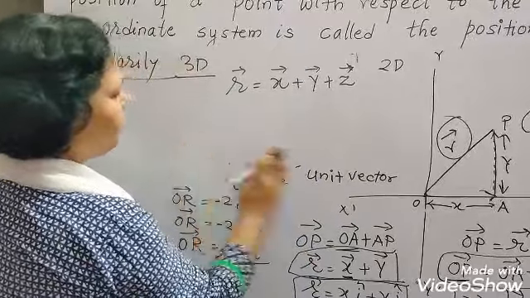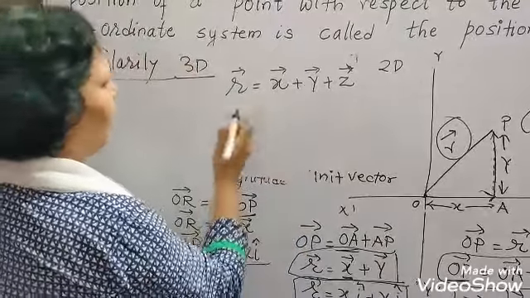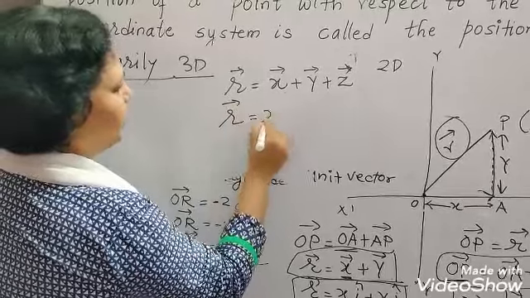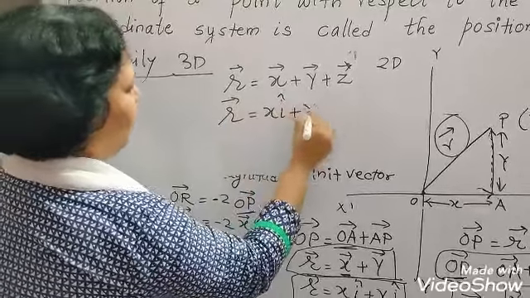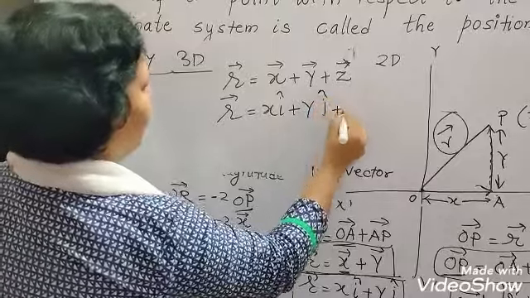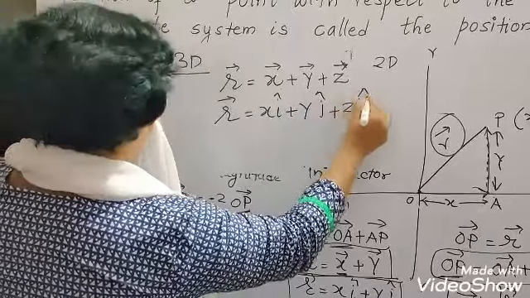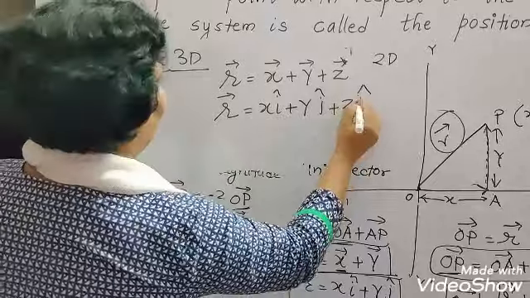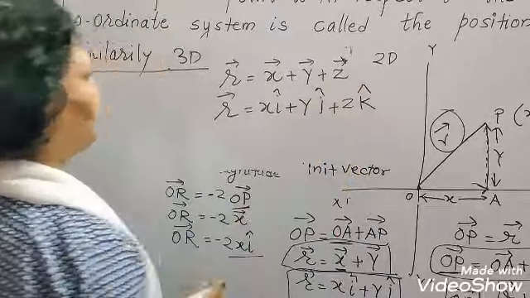Or we can say simply here R is equal to x i cap plus y j cap plus z k cap. This way it is represented here.